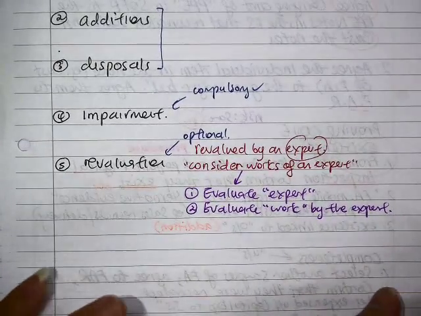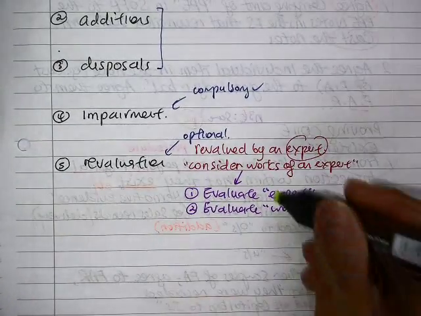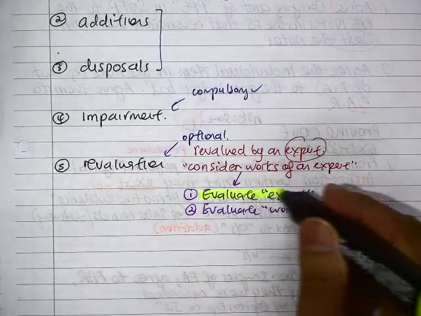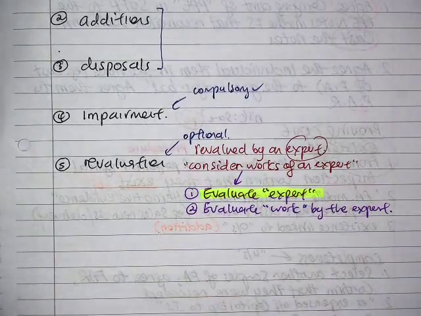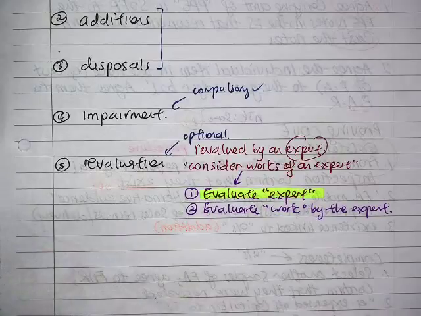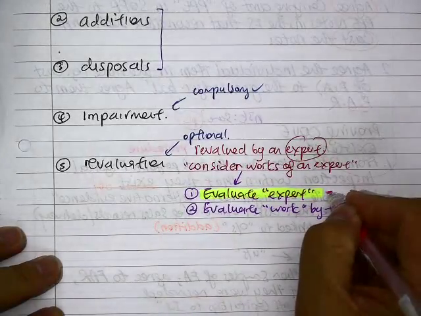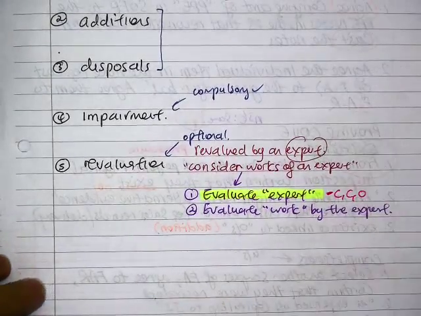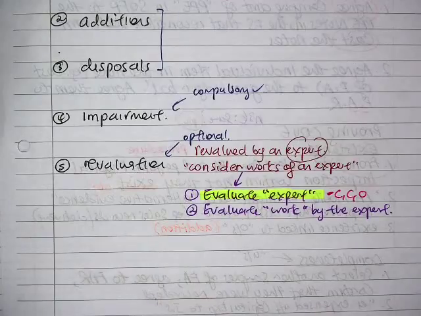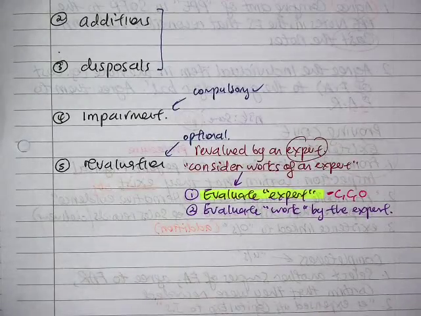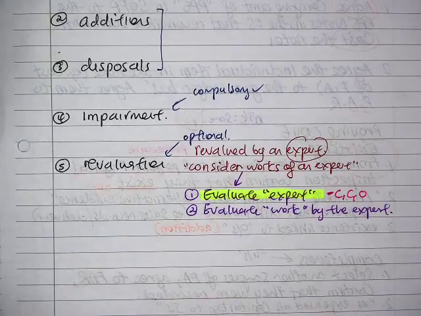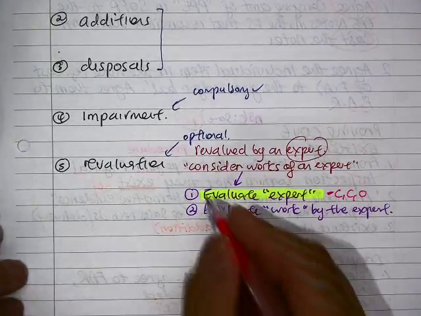For the expert we're evaluating, I usually call this the CCO. What's CCO? CCO is competency, capability, and objectivity.